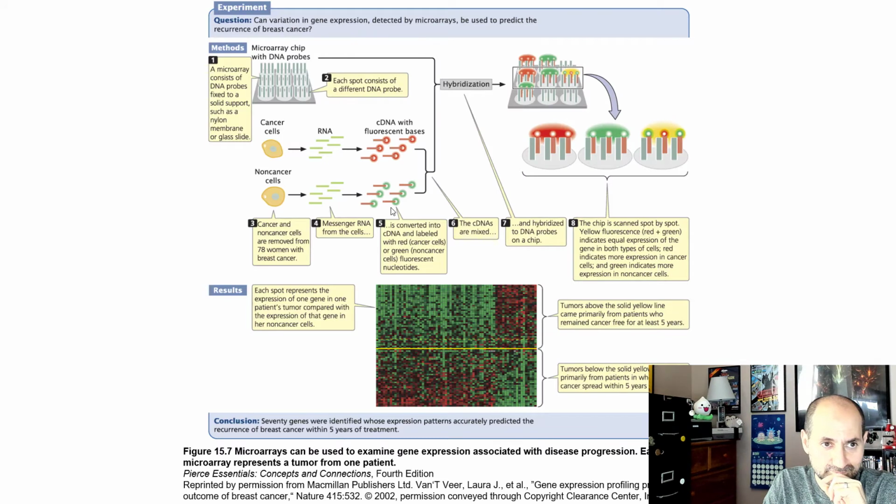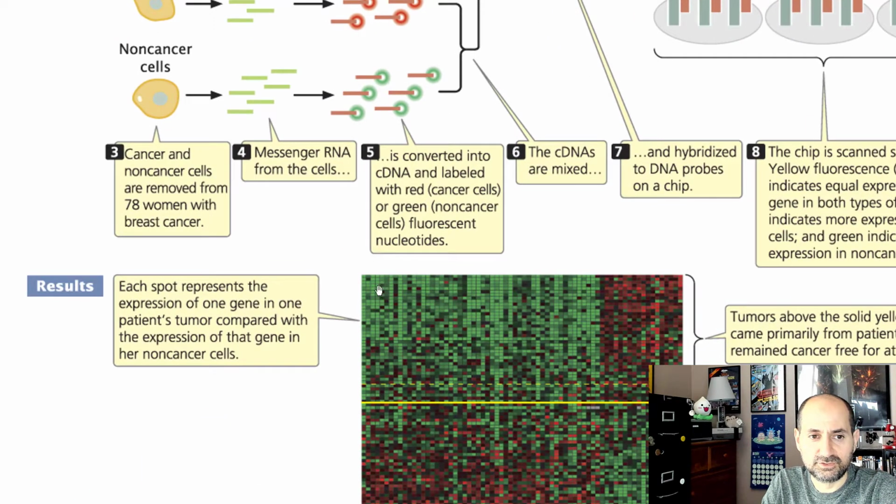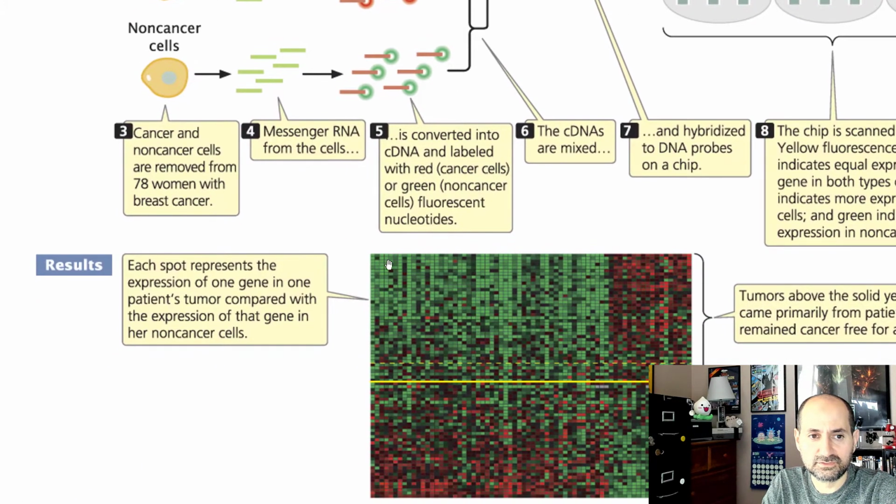So look at this. Here's a microarray. What you have here are chips. This is called a microarray chip, and this is what the results are going to look like. You're either going to get green areas or red or yellow. Now, what you have on these chips are pixels. Let me try to zoom in. You see those individual pixels there?